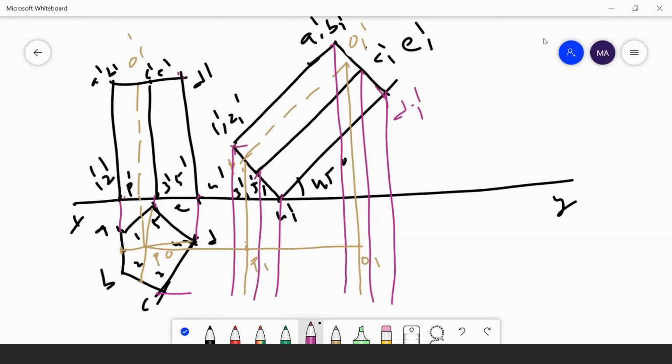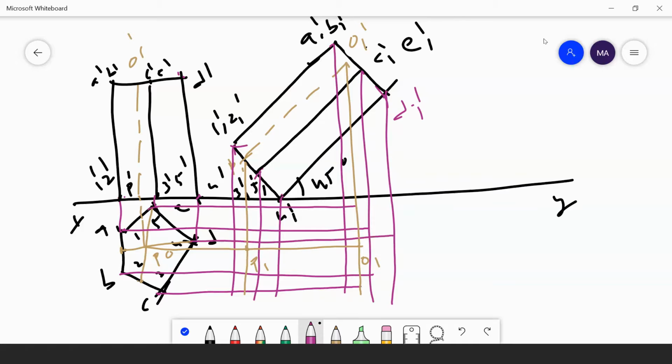I am projecting P. Projecting A. Understand?